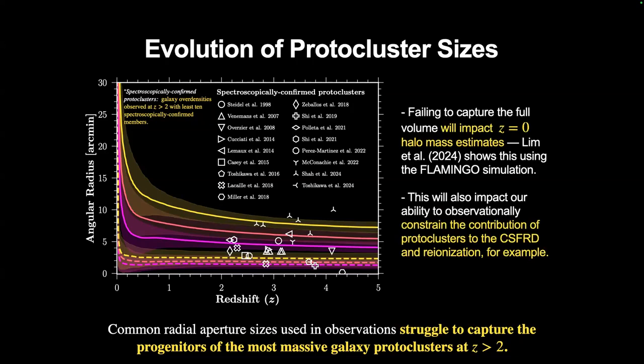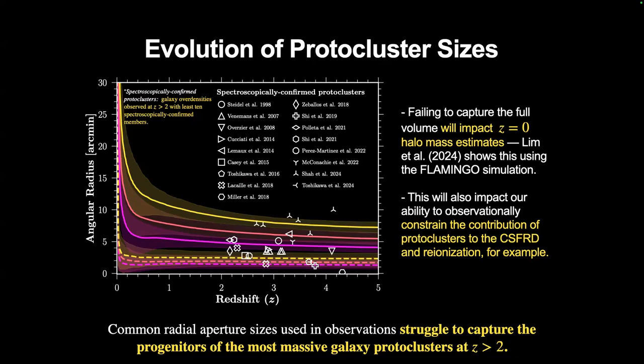Okay, so failing to capture the full volume is going to impact various things that people are trying to do with protoclusters. One of the things people like to do is try to infer what the redshift 0 halo mass is going to be. And there's another paper using the Flamingo simulation showing how failing to capture the full protocluster at high redshift is going to impact the halo mass estimates, which are pretty hand-wavy anyway.